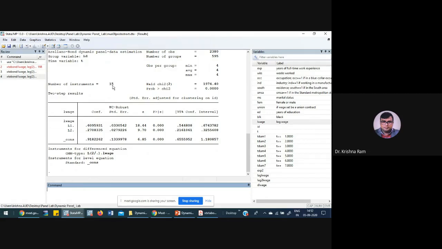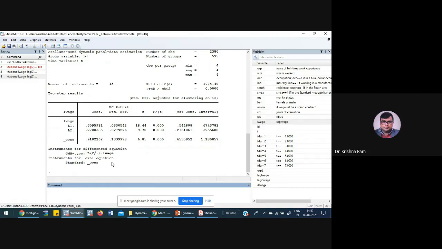If you work with more years of data and more regressors, then we get a larger number of instruments, and using those instruments undermines the asymptotic results of the estimators.